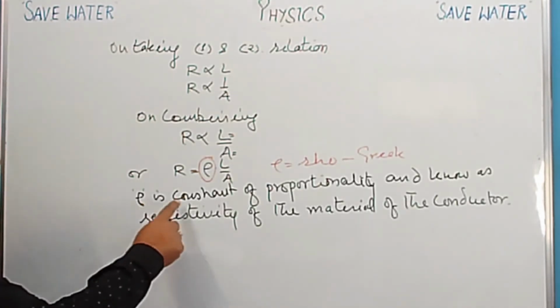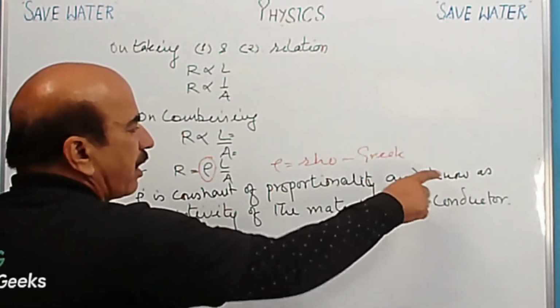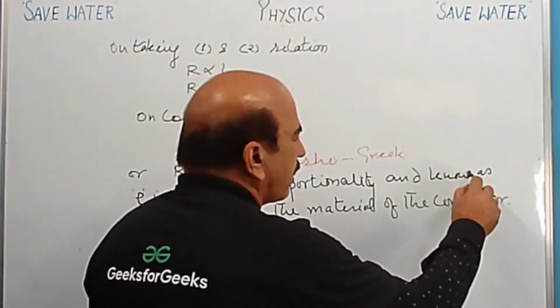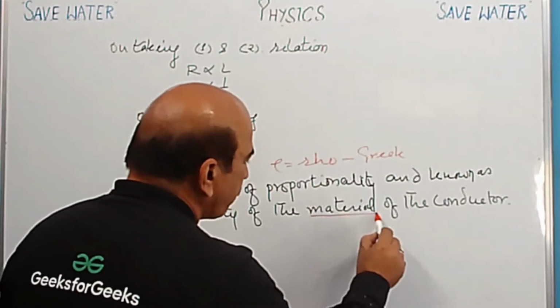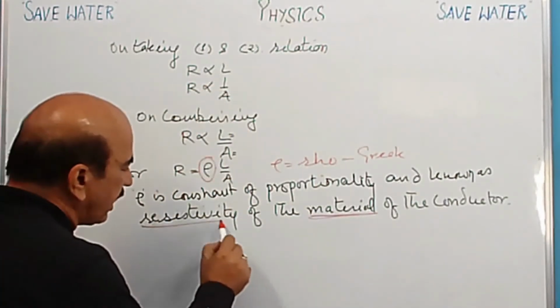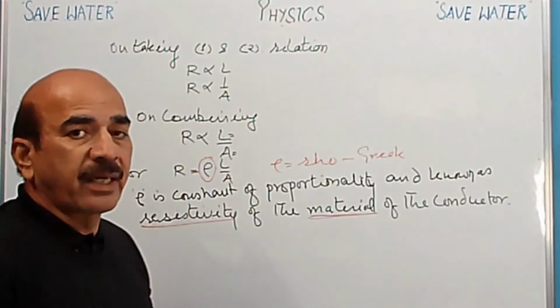So rho is a constant of proportionality and is known as the resistivity of the material of the conductor.